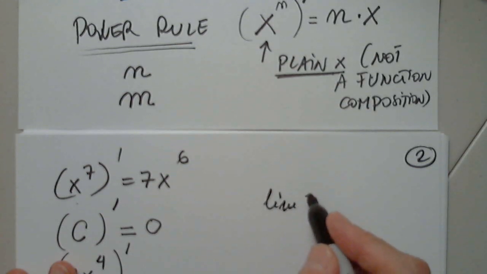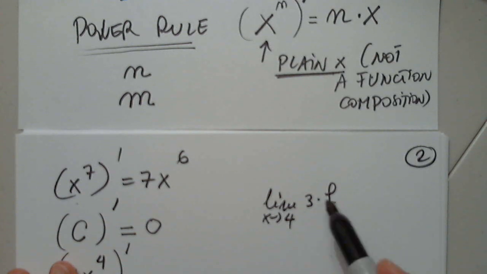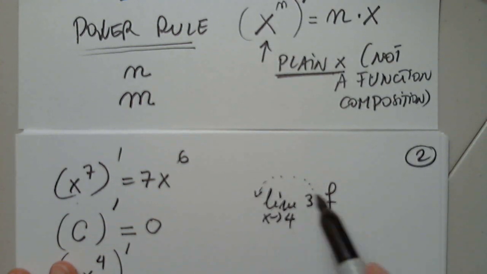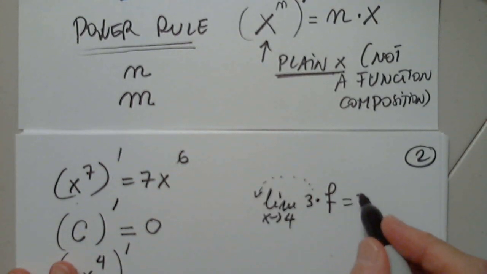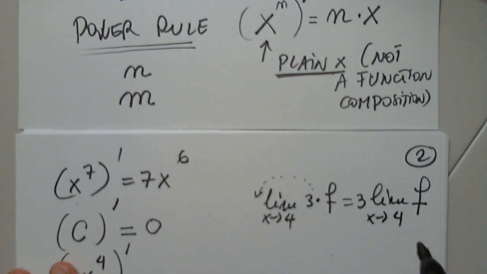We determined the limit of 3 times a function as x approaches 4. We can take the 3 outside because it's a factor. So we can write 3 times the limit of f as x approaches 4. The same thing here. So 3 is out because it's a factor. So we bring down 4, but we have to multiply by 3. So the answer will be 12x to the 3rd.